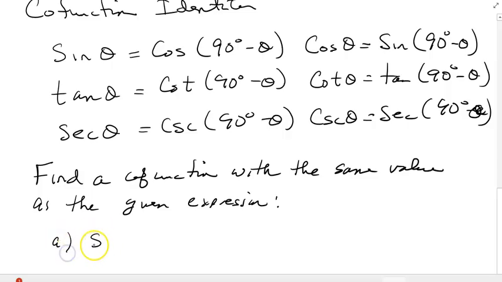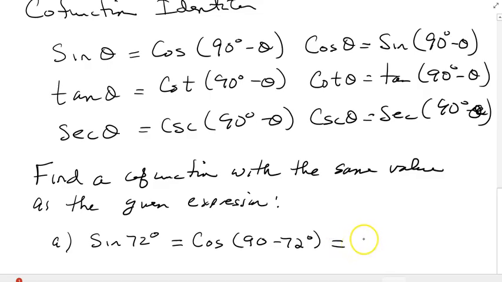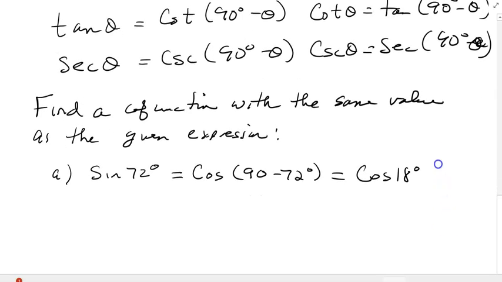So we'll keep the first one easy. Sine of 72 degrees. Well, sine of 72 degrees simply equals the cosine of 90 minus 72 degrees. And you wouldn't leave it like that, which is the cosine of 18 degrees. So if you know the sine of 72 degrees, you also know the cosine of 18 degrees.